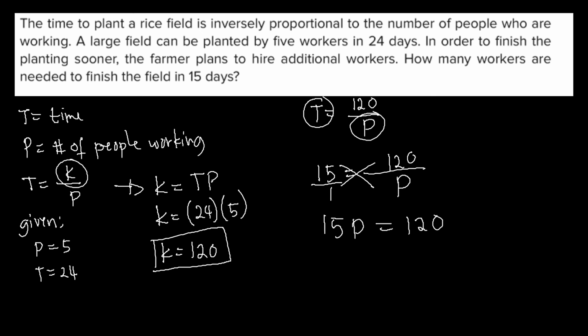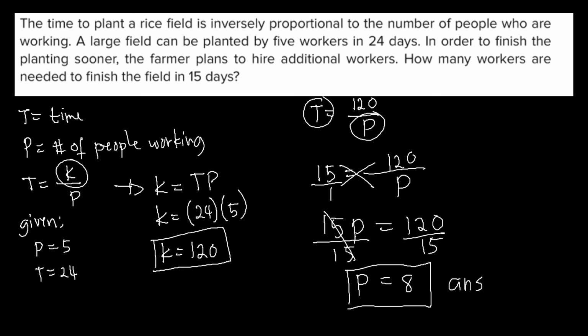Let's divide both sides by 15. Cancel. So, P is equals to 120 divided by 15, which will be 8. So this will be our answer. The number of workers needed to finish the field in 15 days is 8 people.